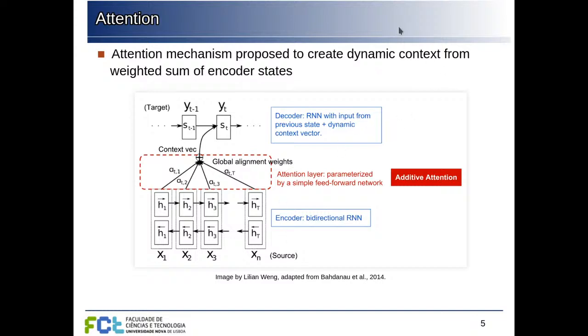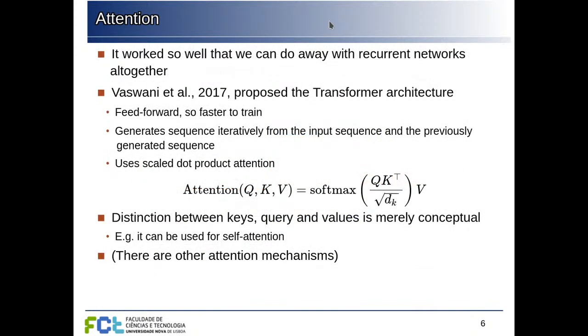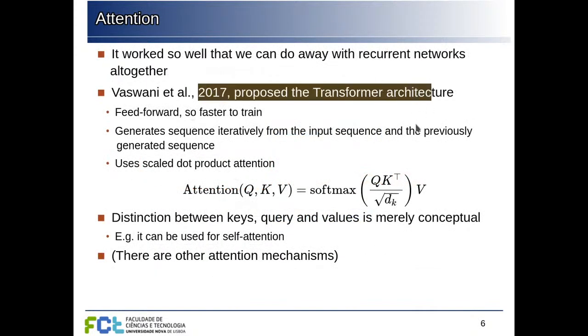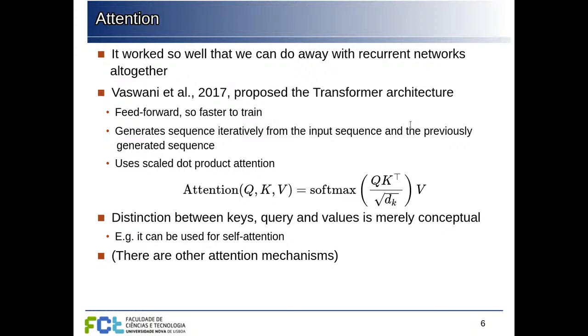There are different kinds of attention mechanisms other than additive attention. We're going to see one particular one, which is the one proposed with the transformer architecture, the scaled dot product attention. But before I go into that, I just want to say that this approach of using attention mechanisms worked really well. It improved a lot the way the recurrent networks could solve this kind of problem.